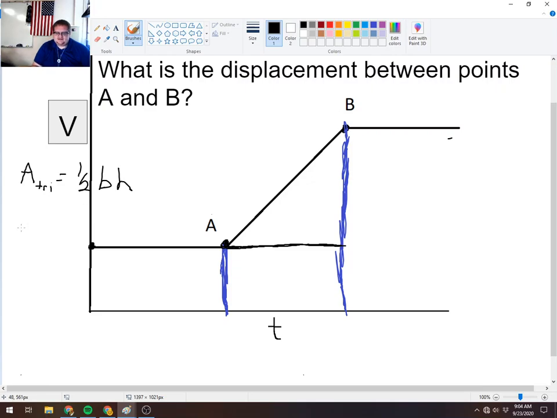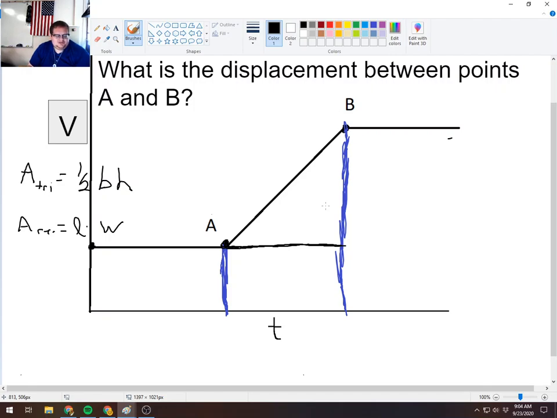The area for a rectangle is just length times width. So if I take these areas, and you can add areas together, so if I find the area of this rectangle, plus the area of this triangle, I will have the total area, which is the total displacement.